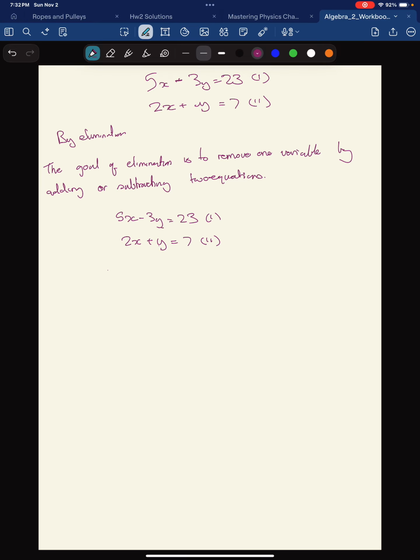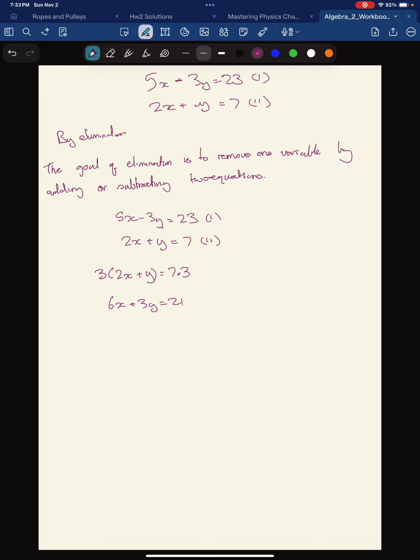So if I got 3 times 2x plus y is equal to 7 times 3, let me not rush, I'm multiplying both sides of the equation by 3, and then now here we get 6x plus 3y equals 21.